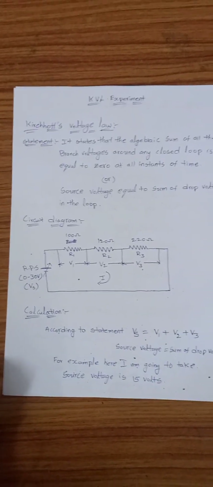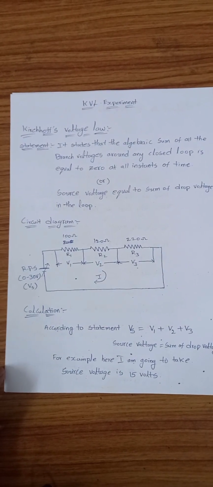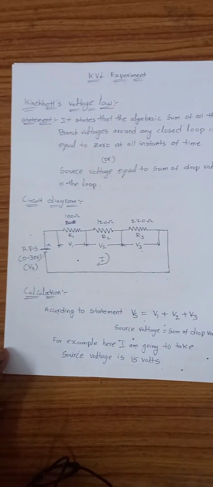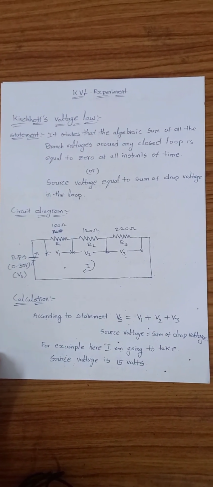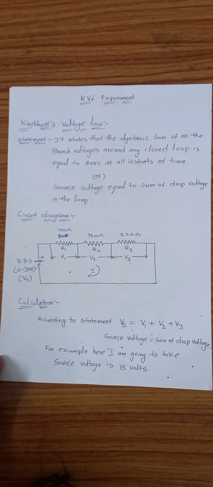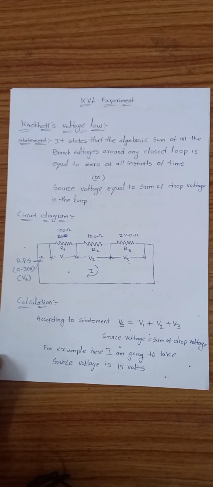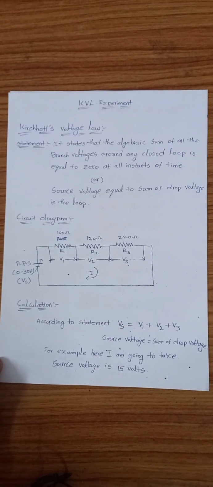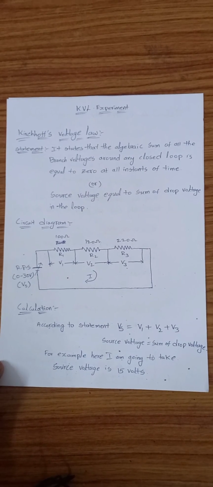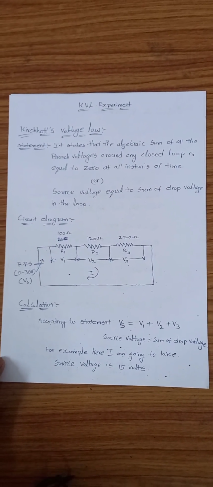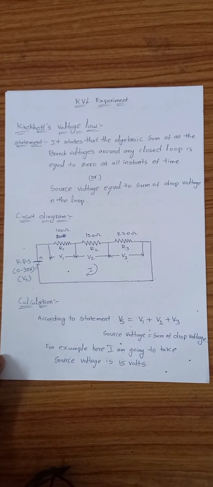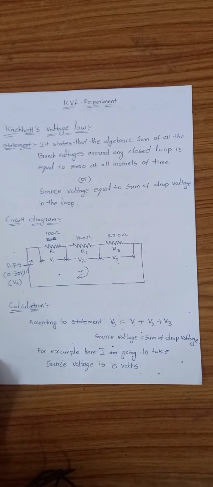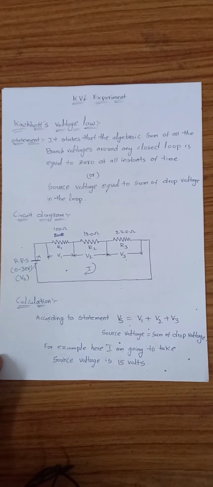Good morning friends. Today our topic is experiment on KVL. KVL means Kirchhoff voltage law. This is the theoretical calculation of Kirchhoff voltage law. First I have written the Kirchhoff voltage law statement, then the circuit diagram, and then the calculation part. Remember, whatever the circuit diagram or the kit you have in your lab, you have to calculate accordingly, but the procedure is the same.